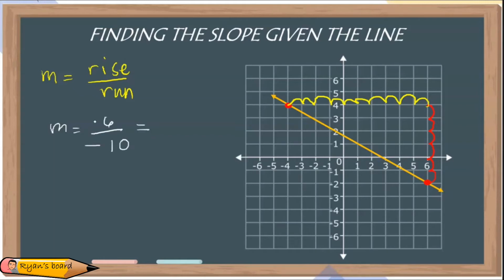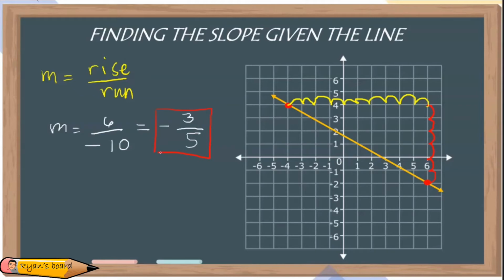Or, if you have positive divided by negative, pwede mo nang iligit na yung ating negative. And what is the lowest term of 6 over 10? Mag-divide tayo ng 2. So, 6 divided by 2, that's 3. And 10 divided by 2 is 5. So, therefore, our slope is negative 3/5.